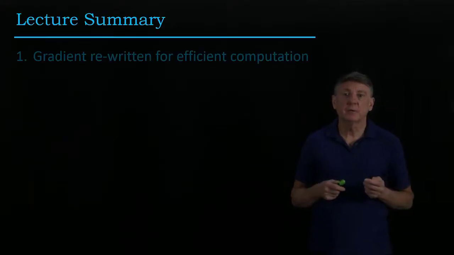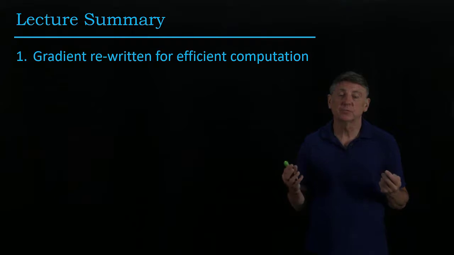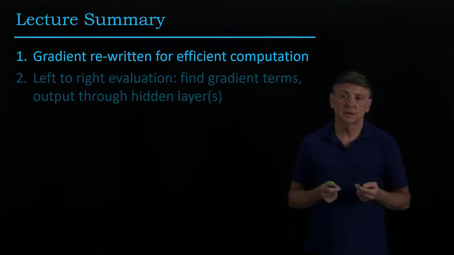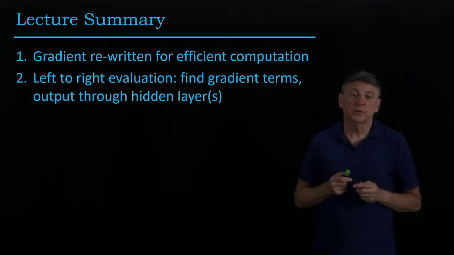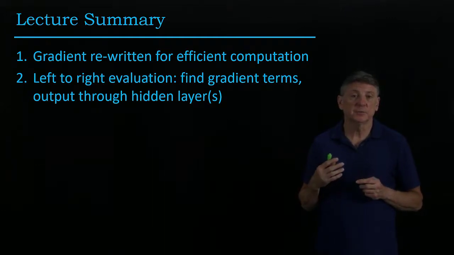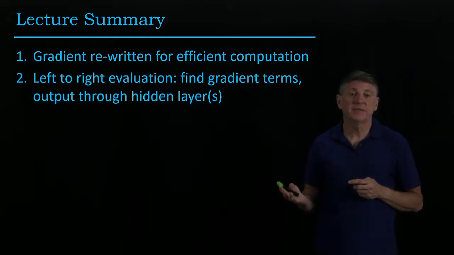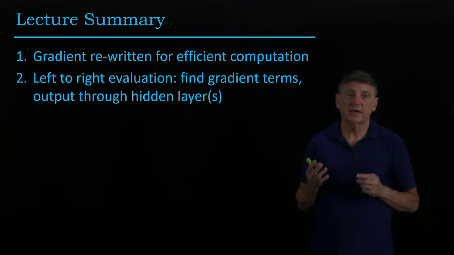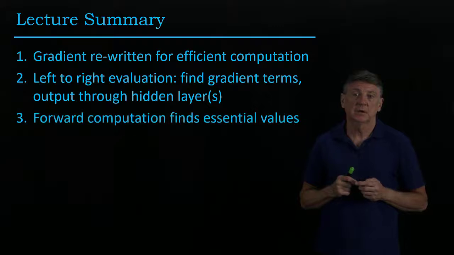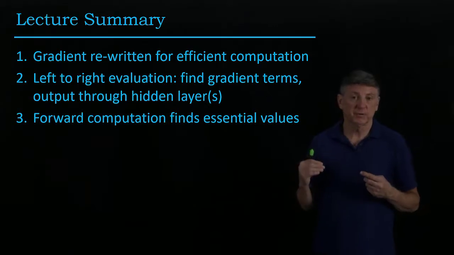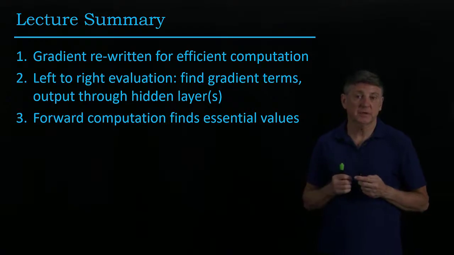So, what have we learned in this lecture? We're now able to rewrite the gradient so that we can perform our computations more efficiently. If we evaluate this new gradient from the left to the right, what we're doing is we're finding the gradient terms beginning with the output layer and then through, in our case, one hidden layer, but as we proceed through multiple hidden layers in a neural network. Forward computation through the network finds the essential values that we need.